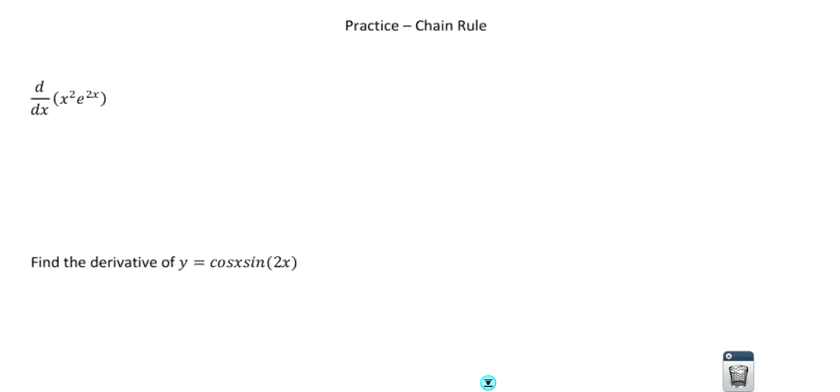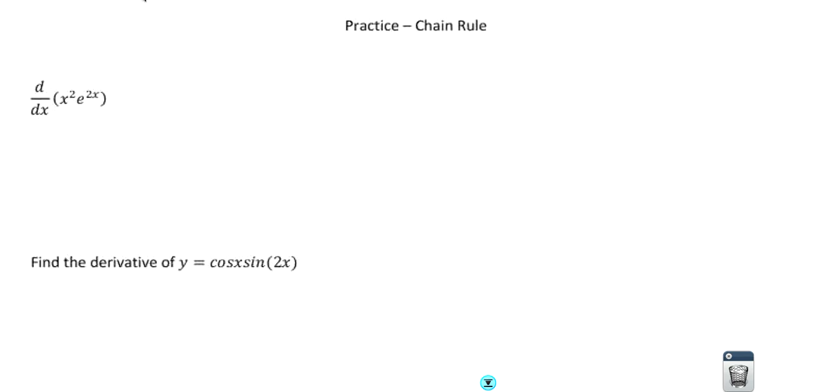So basically, we have this chain rule problem here. But you have to realize that the main idea of this problem is actually not even chain rule. Okay? The main idea of this problem, the first one, is actually product rule.